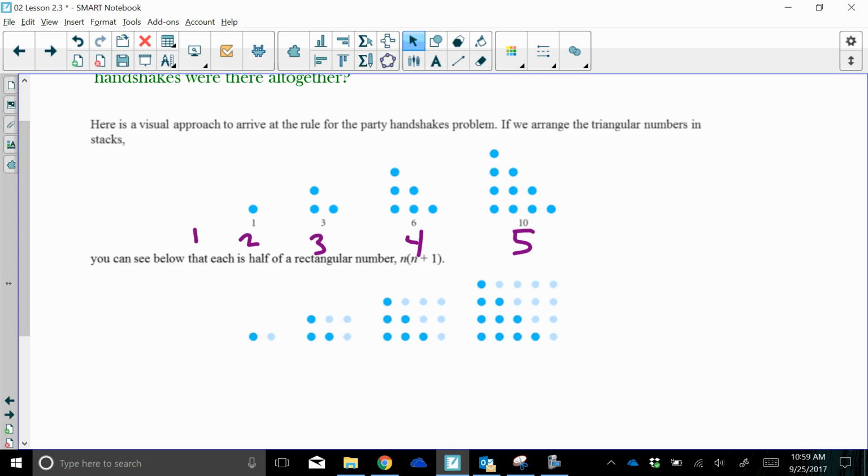So in this one, the first term is 0. So each of these are half of the rectangular model. So if our rectangular number is n times n plus 1, then with our triangular number, we have the model n times n plus 1 divided by 2.